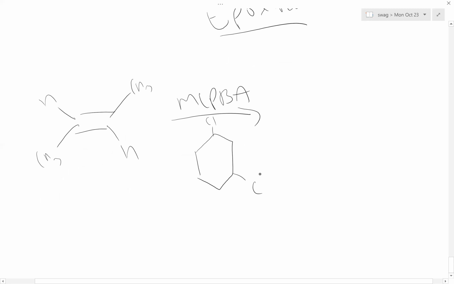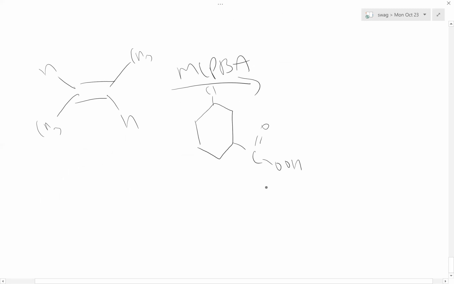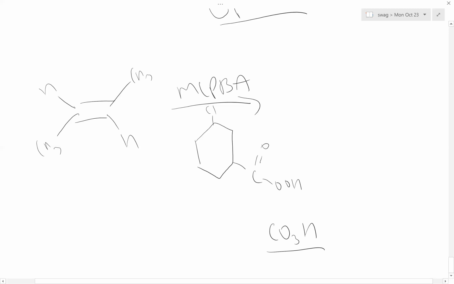Then you have your C double bond O, OOH. Or sometimes you'll see this written as CO3H. Recognize this. With this, MCPBA is more than enough.